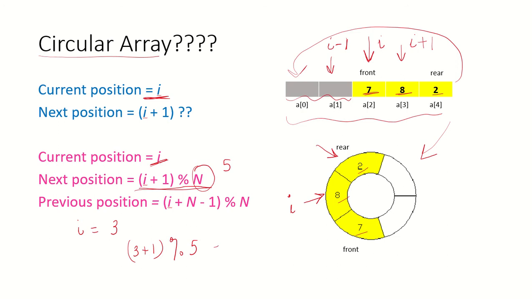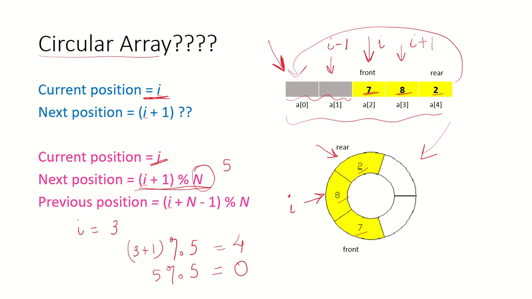So (3 plus 1) modulus 5 is going to give us 4. If I becomes 5, then 5 modulus 5 would be equal to 0. That means we will come back to this first element over here.